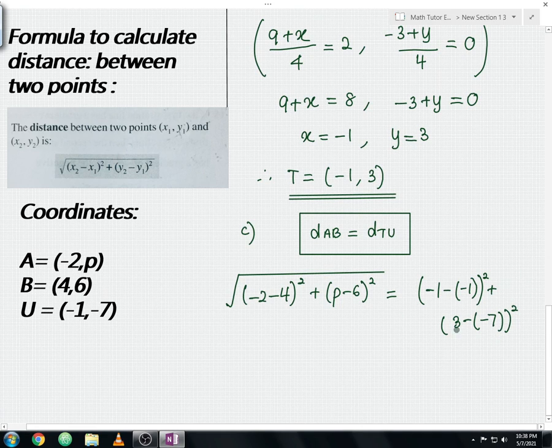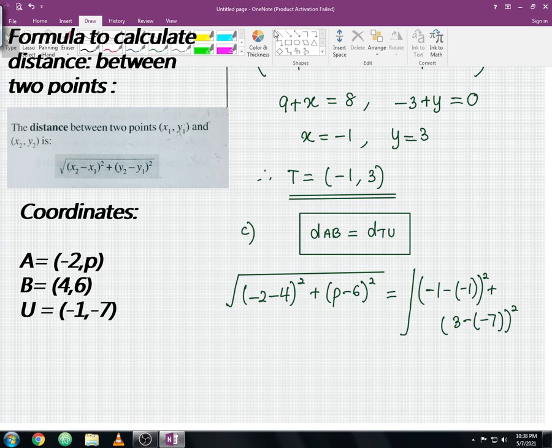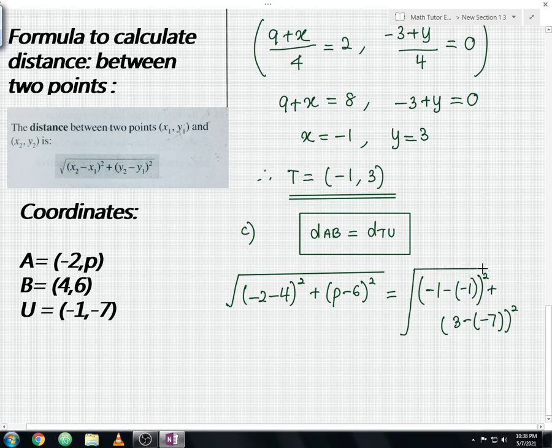Since I don't have enough space, that's why I write over here, guys, and then you square root it. By the way, don't get mistaken, this is not a fraction. Since I don't have enough space over here, that's why I write under here.